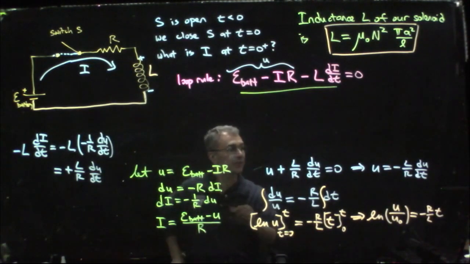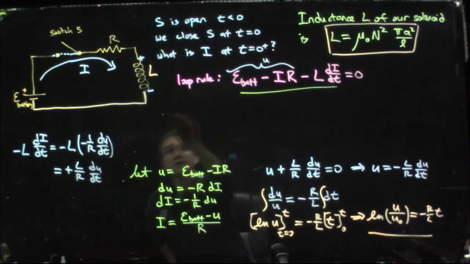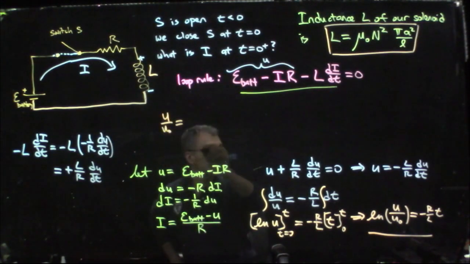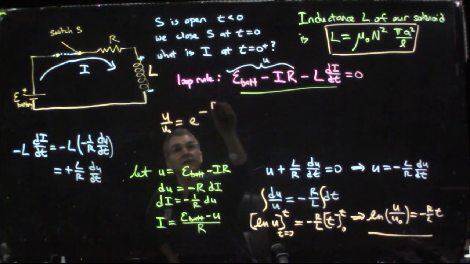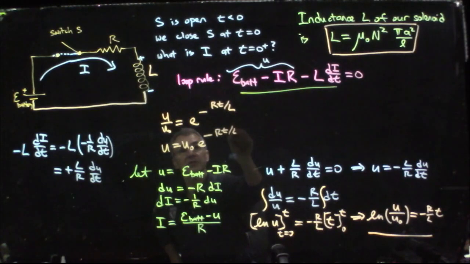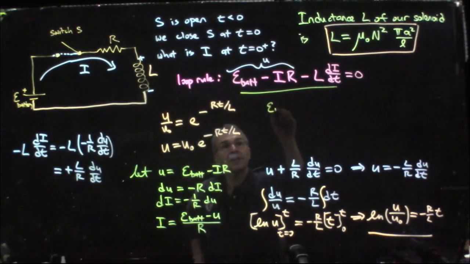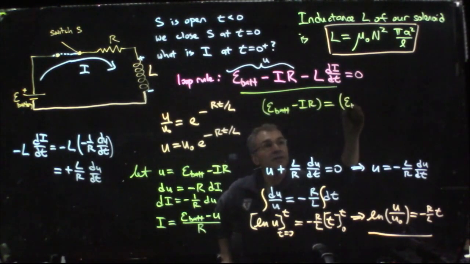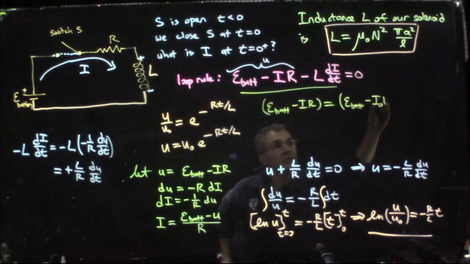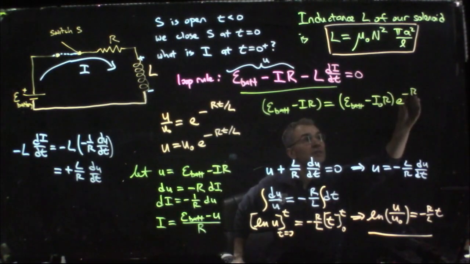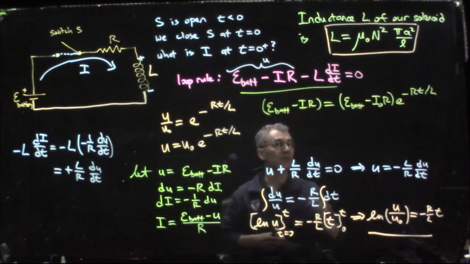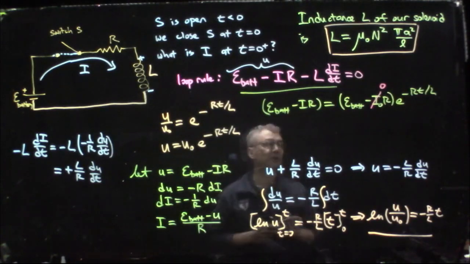Then we can take the exponential of both sides here, and we get U over U0 equals e to the minus RT over L. So U equals U initial e to the minus RT over L. And then we can go back in terms of I. So the battery EMF minus IR equals the battery EMF minus I initial R e to the minus RT over L. The current at time 0 is 0 in this case.